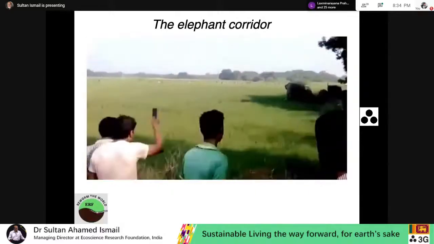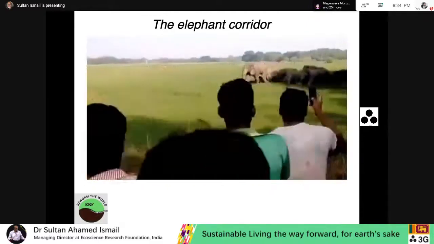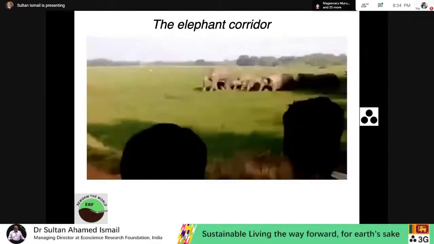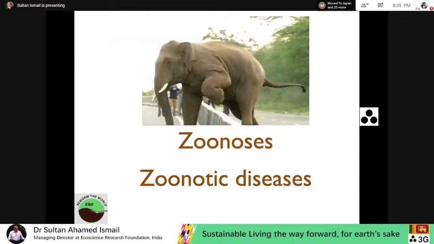And so many elephants, when they walk, require so much vegetation. They require so much water. And the path through which they walk is called the elephant corridor. What we do is we put a road in between the elephant corridor. And then we blame the animals for crossing it.